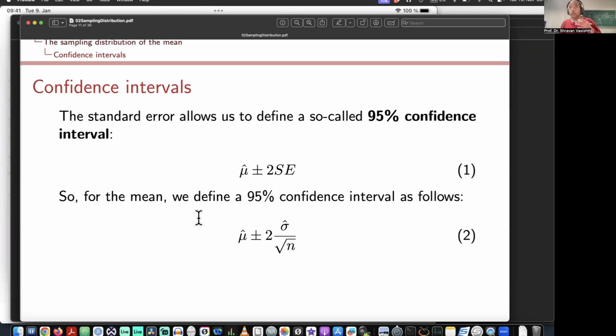Of course, we do not know the true distribution ever, right? We are always estimating the mu and sigma parameters, and that's why what we're actually working with is estimates of mu and estimates of sigma. So we are working with an estimate of these parameters.